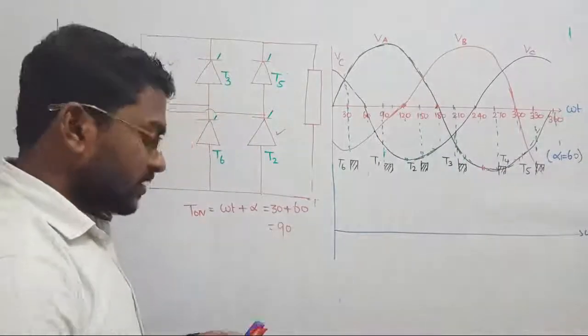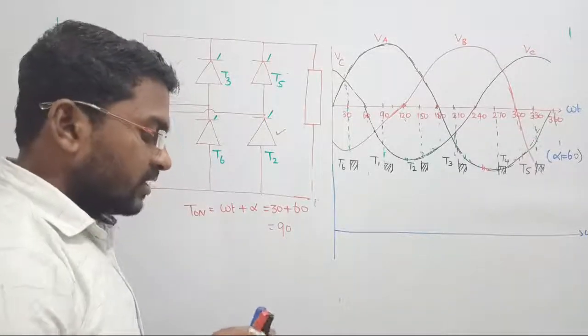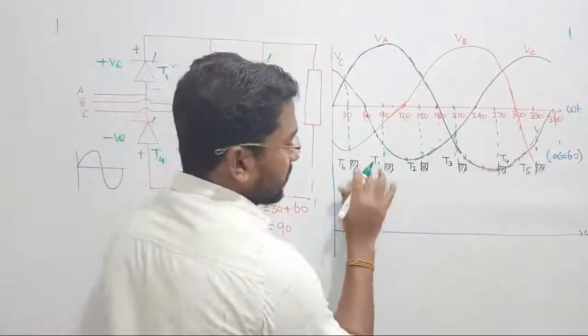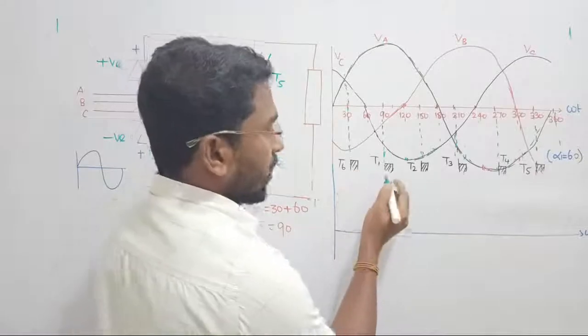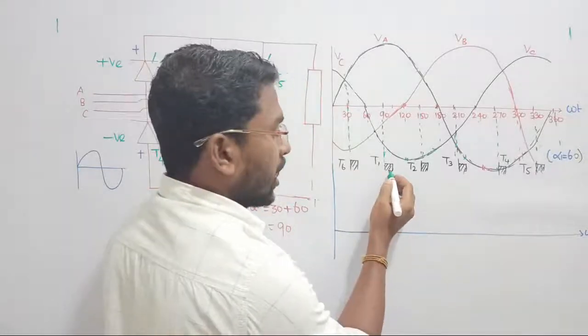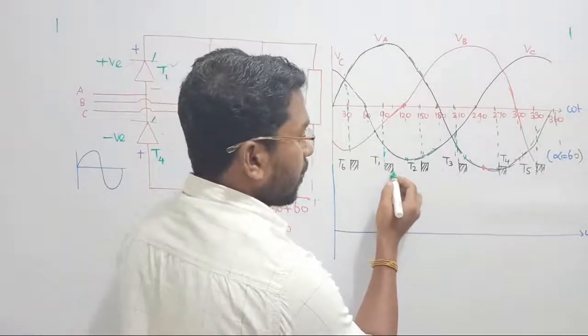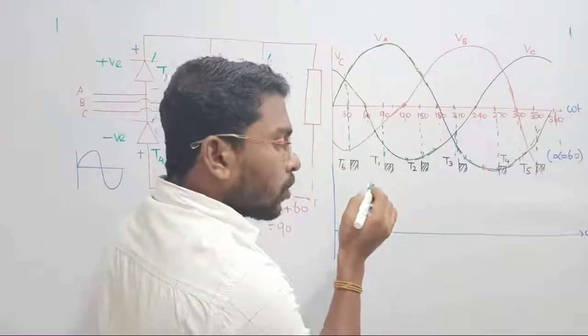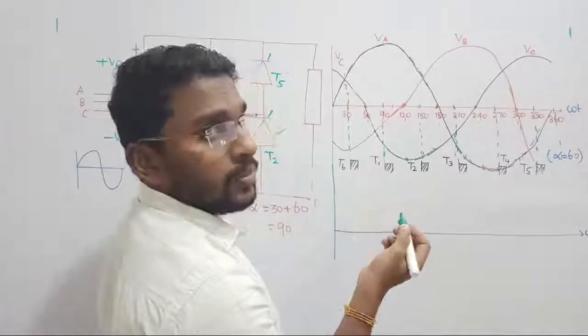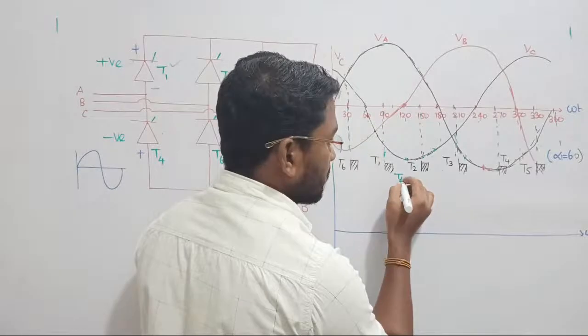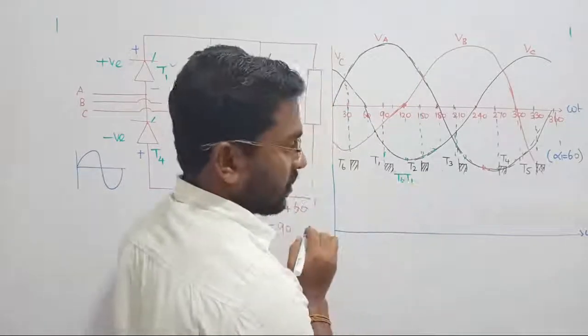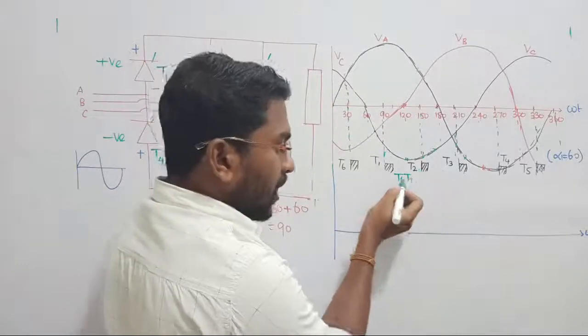Now let us make the pulses in between T6 to T1. Anyway, first we are going to trigger thyristor T1. So T1 ல இருந்து நீங்க ஸ்டார்ட் பண்ணீங்க அப்படினா your journey in between T1 and T2, which trains are going to carry the passengers? Thyristors T6 and T1 are going to carry the passengers, and then T2 will replace the even number.